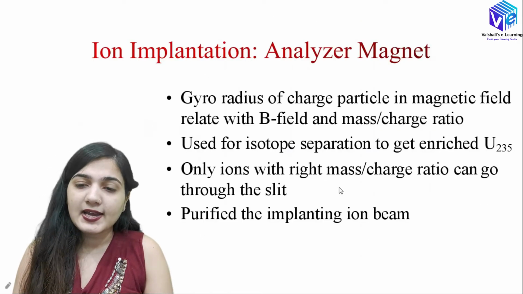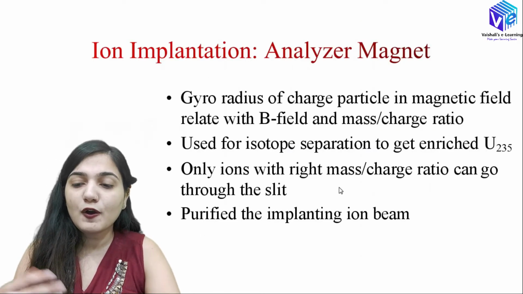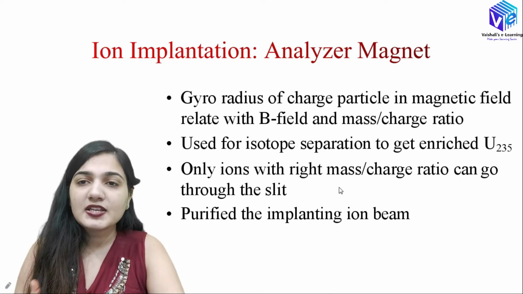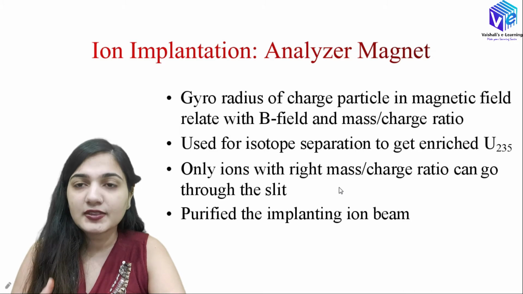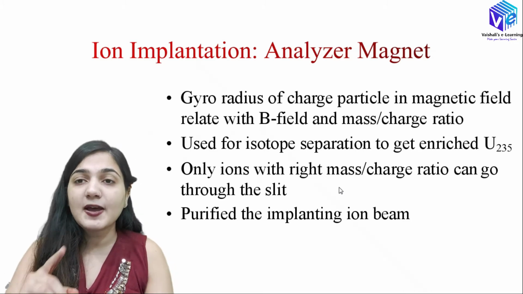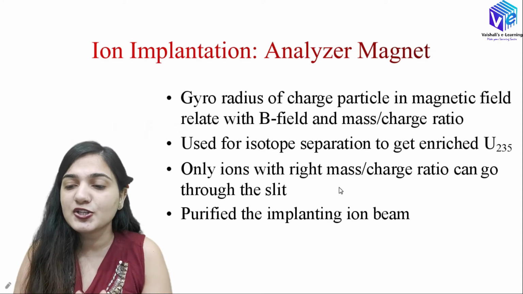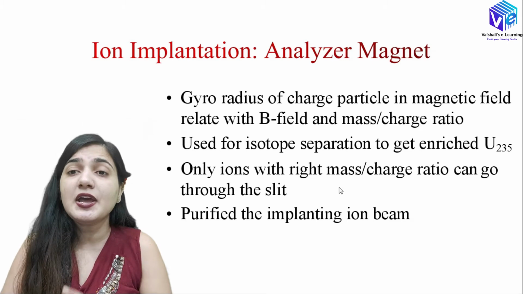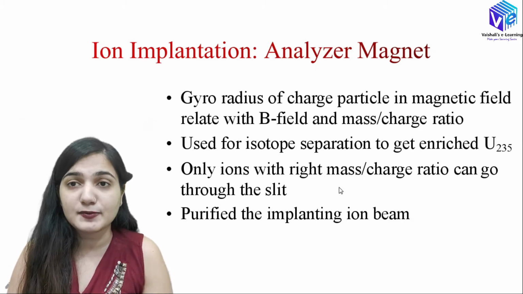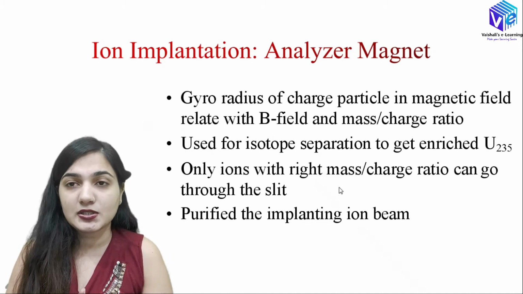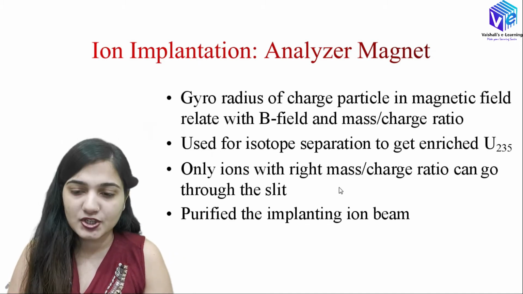Now coming to the analyzer magnet. All of these particles, the ions, have charges. These particles can be changed in direction with the help of a magnetic field. We will have some gyro radius of the charged particle in the magnetic field. I have already talked about the gyro radius when I was discussing plasma. If you want to see that in detail, go to the plasma introduction video.